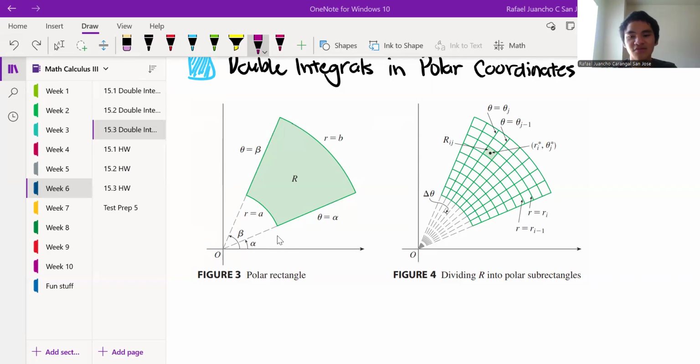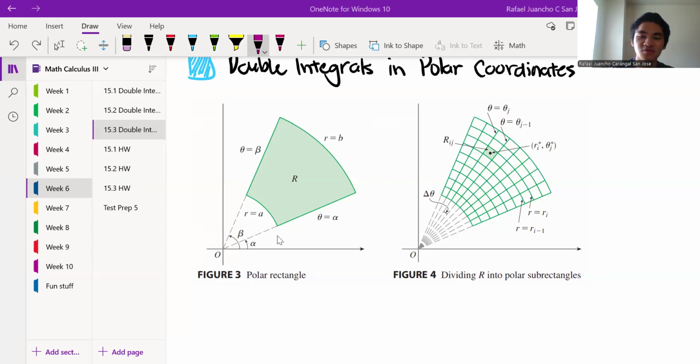And we divide the interval AB into m subintervals, R sub i minus 1 to R sub i of equal width delta R, which is equal to B minus A over M. And we divide the interval alpha beta into n subintervals theta sub j minus 1 to theta sub j of equal width delta theta. Then the circles r equals r sub i and rays theta equals theta sub j divide the polar rectangle into the small polar rectangles R sub ij, which is shown in figure 4. So what in the world did I just say there?